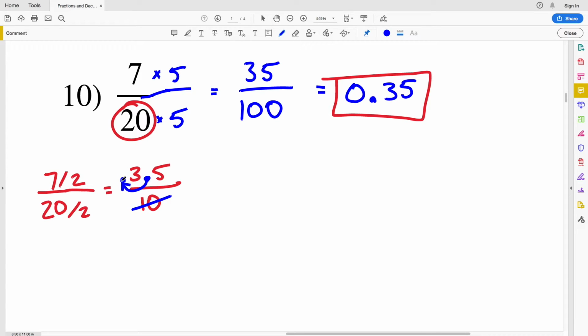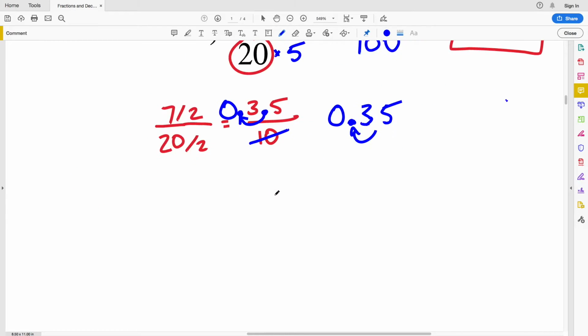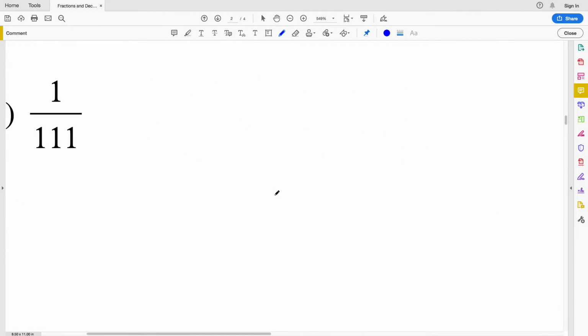So moving my decimal place to here, I'll now have 0.35. So again, if I have 3.5 and I'm dividing that by 10, that's the same as moving the decimal place over 1 to the left to give me 0.35.